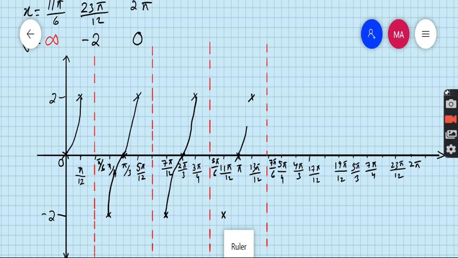Join these 2 points and join these 2 points. Next, at 5 pi by 4, the value is minus 2. At 4 pi by 3, the value is 0. And 17 pi by 12, the value is 2. And at 3 pi by 2, the value is undefined.